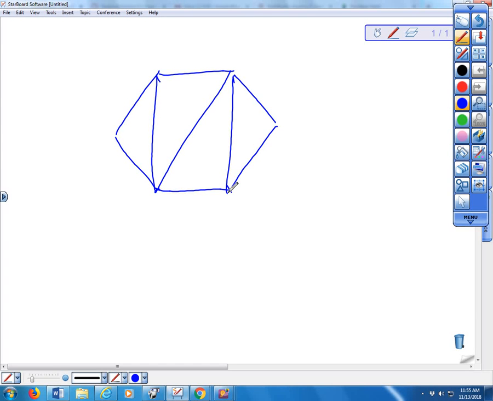So I can make 4 triangles out of a hexagon. Does that make sense? And what's the sum of the measure of the interior angles in a triangle? 180, right? And I can make 4 of those. So the sum of the measure of the angles in this hexagon is 4 times 180.